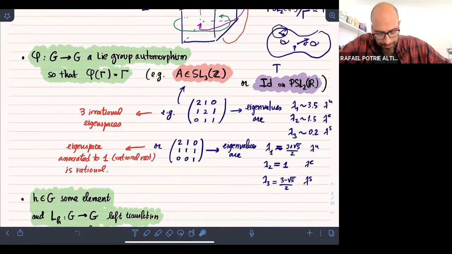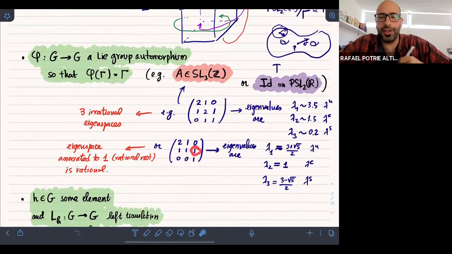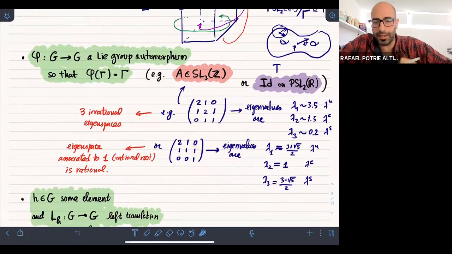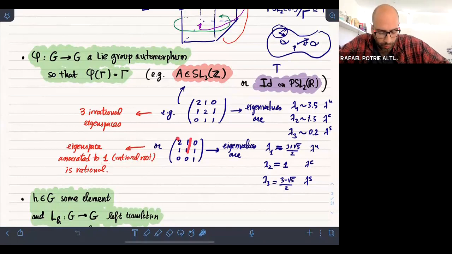And another example, I did it on purpose so that it's not symmetric, so I put a 1 here, and it has one rational solution. The eigenvalue is exactly 1, and then 2 irrational, and then you have the 2, 1, 1, 1 map, which is classical.